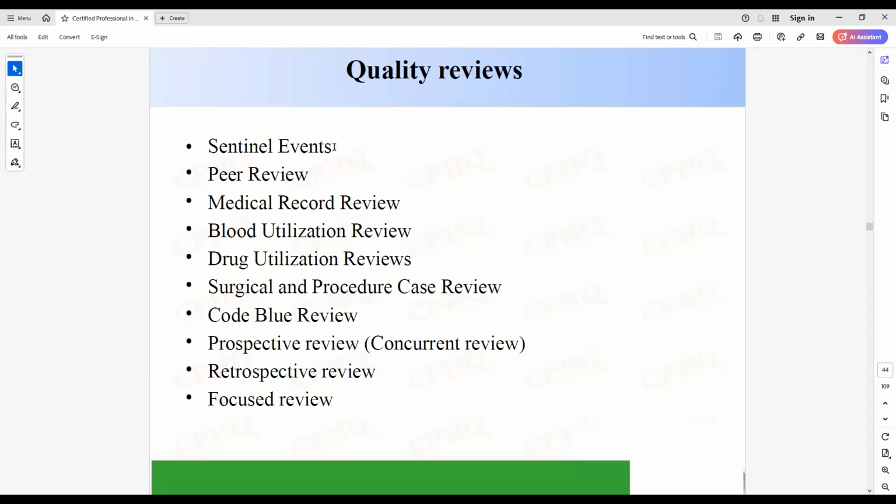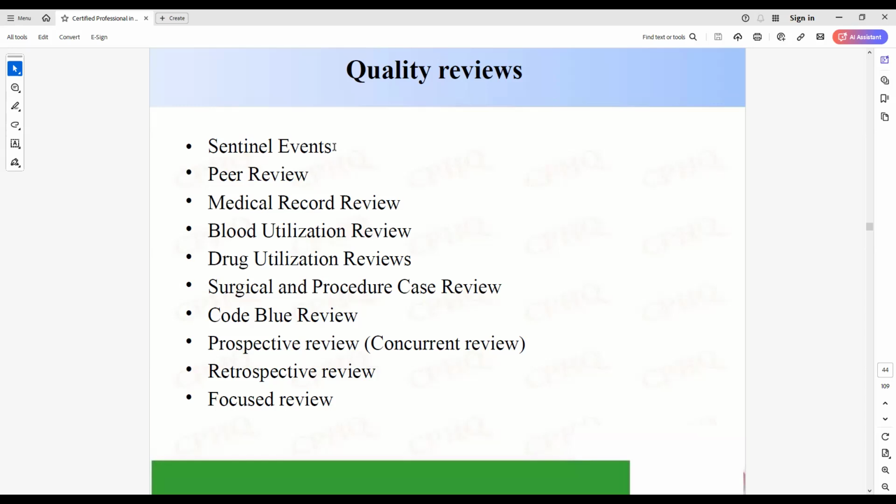Complaints is one of the major sources or usages for peer review processes. It's also for when patients report, for example, underperformance or under level of care, unacceptable level of care. Peer review is usually utilized.